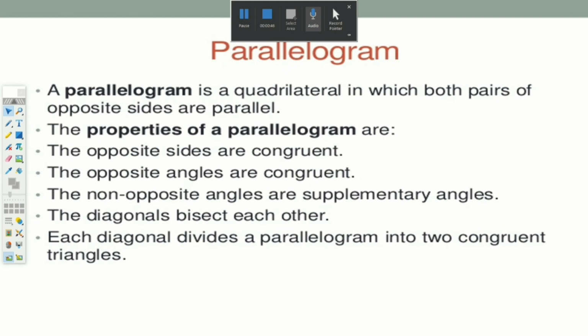Second, the opposite angles are congruent. Third, the non-opposite angles are supplementary, meaning the consecutive angles are supplementary angles. Number 4, the diagonals bisect each other. And number 5, each diagonal divides a parallelogram into two congruent triangles.